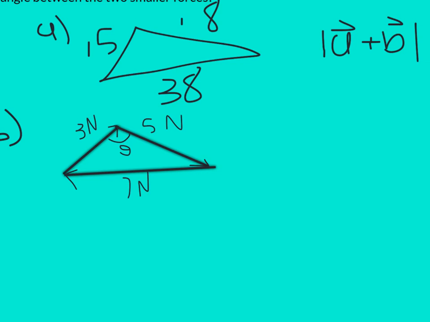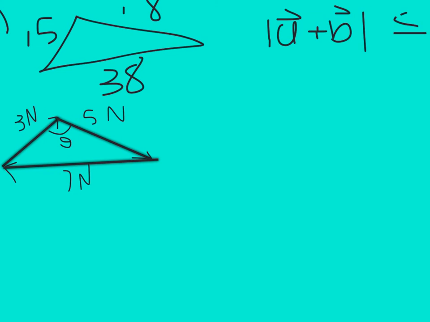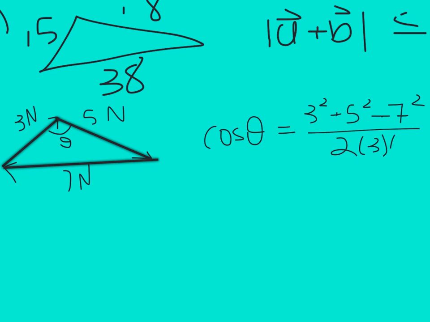So we're going to use that information to find the angle. Here we have 3 known sides, and we're looking for an angle. So this is an opportunity for cosine law. So cosine of our angle, 3 squared plus 5 squared minus 7 squared over 2 times 3 times 5.